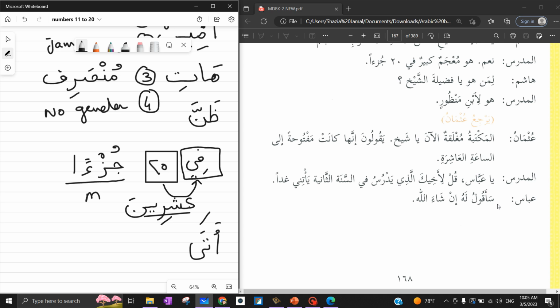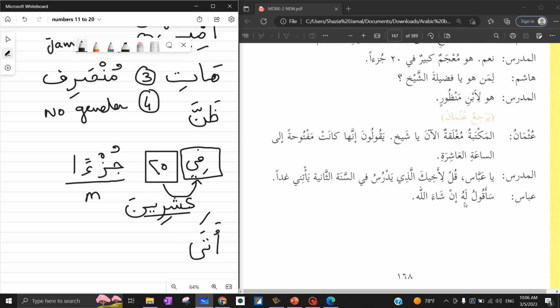So Abbas says, Sa'akulu. This is harf mustaqbal, meaning it comes with fil mudari only, or it comes with the verb only, I should say. Sa'akulu lahu means I will tell him. You will never translate it as I will tell for him. You should translate it as I will tell him.